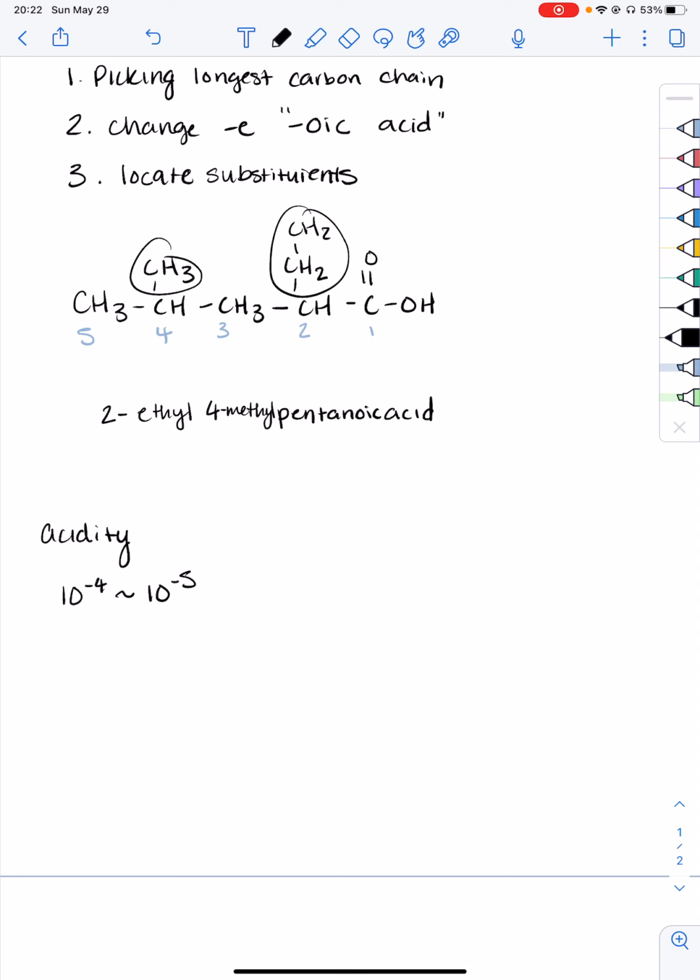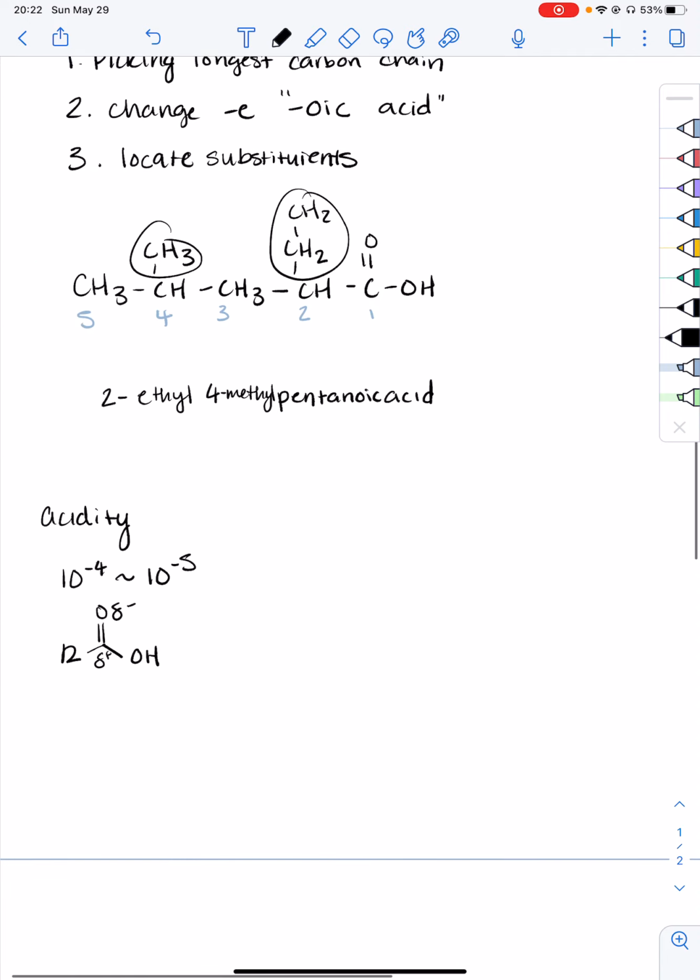First, the oxygen atom of the carboxyl group that's bonded to the hydrogen atom has a partial positive charge. If we were to write this out, this is a partial negative and a partial positive. So strong nucleophiles are going to attack right there because it's a partial positive.